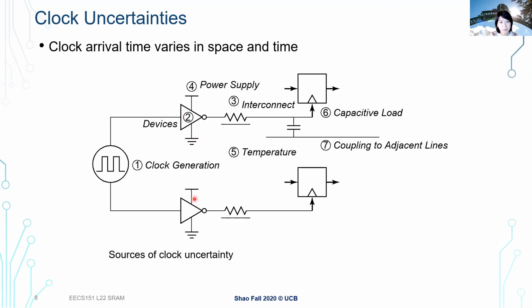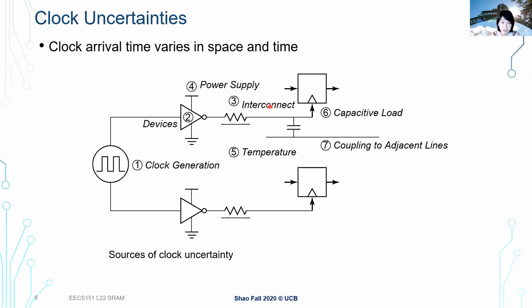So there is always some variation across the different nodes or gates that are part of the clock distribution network. We'll talk about how the different gates can be viewed as RC networks with different resistance and capacitance. They will also contribute to the delay differently.